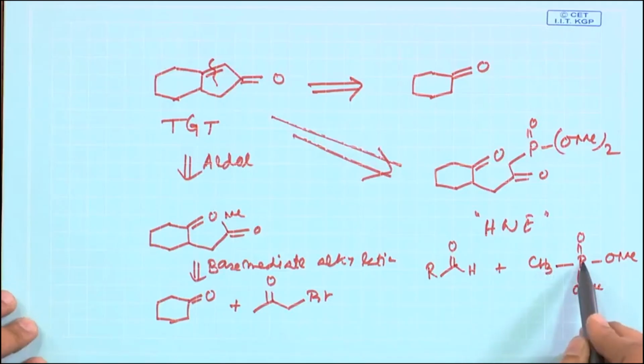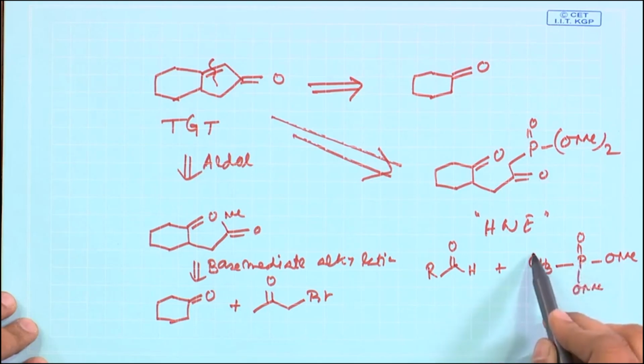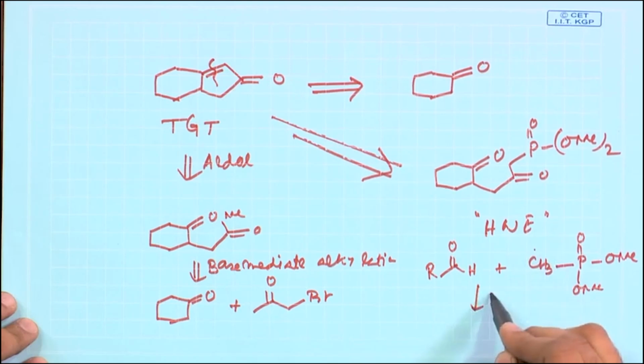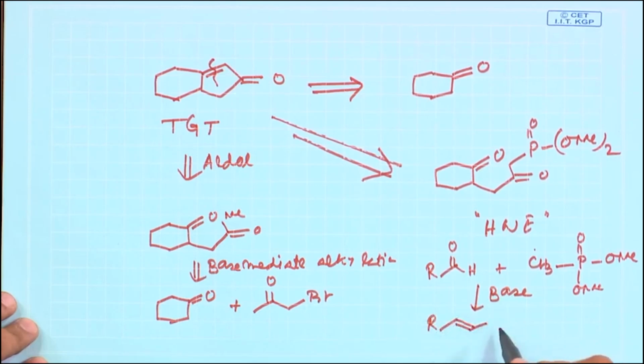You need a carbon containing group attached to the phosphorus which is having abstractable hydrogen, and if the reaction occurs in presence of a base, this minus attacks here, and you basically get this particular olefin. But depending on the phosphonate which you choose, that basically gives you what target you will be getting.